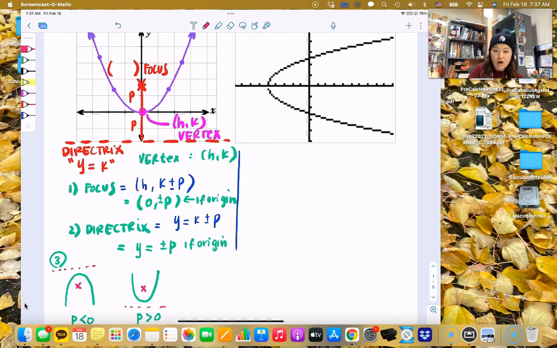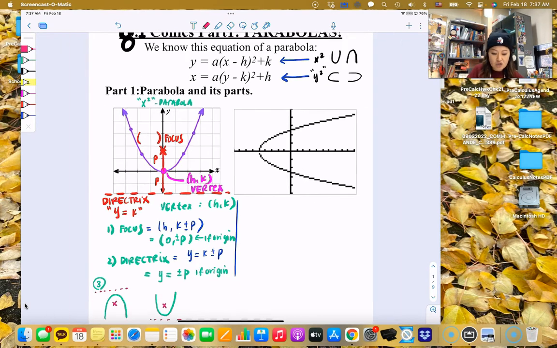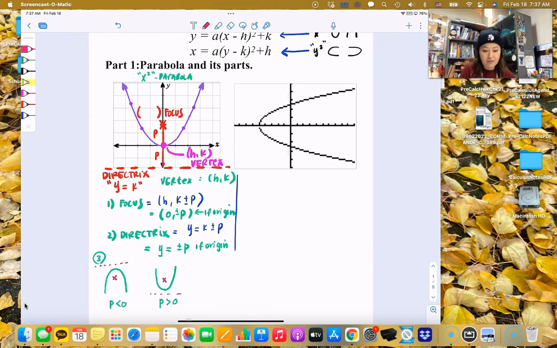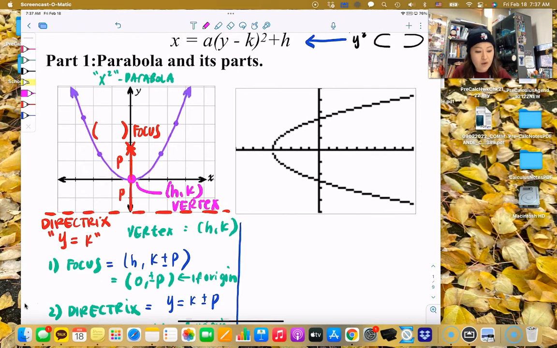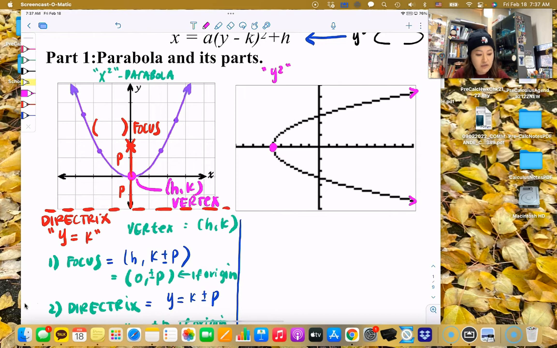Well, let's transfer that same knowledge onto our sideways parabola, which I like to call the y-squared parabola, because it's when the y has been squared. So again, what is this guy called? This is your vertex, your (h, k), your Hong Kong.